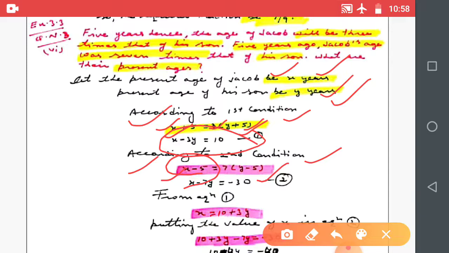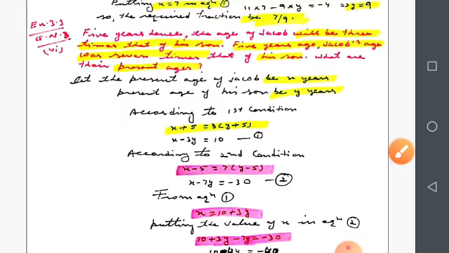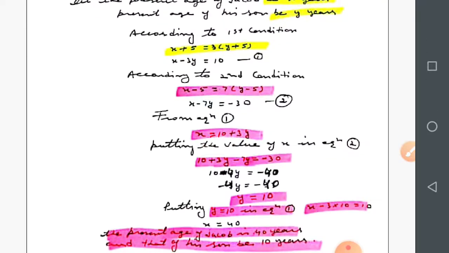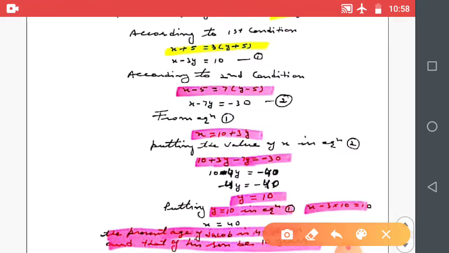It means x minus 5 is equal to 7 multiplied by y minus 5. And now again solve this. We get x minus 7y is equal to minus 30.